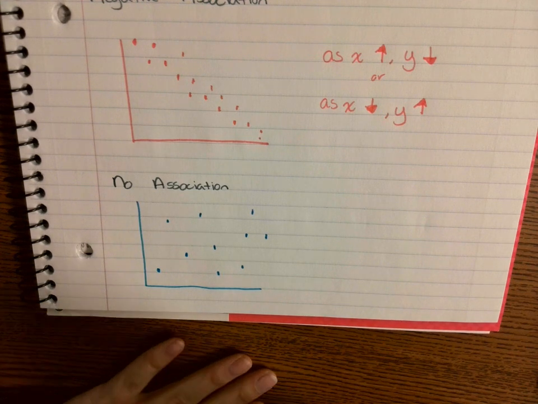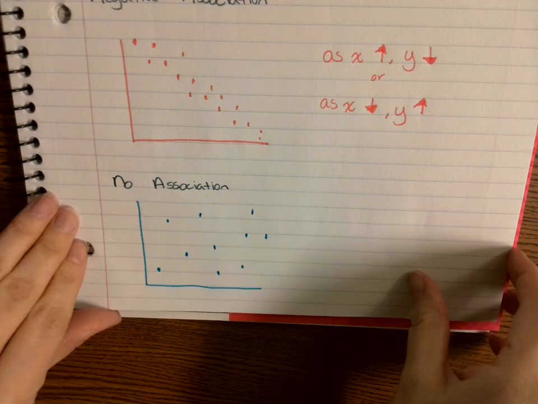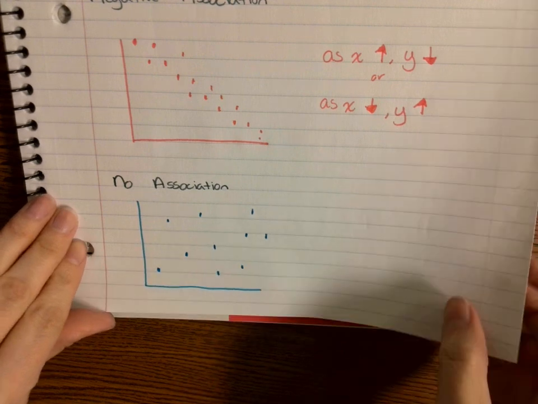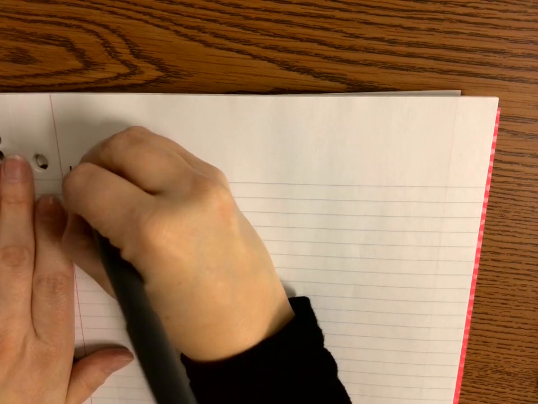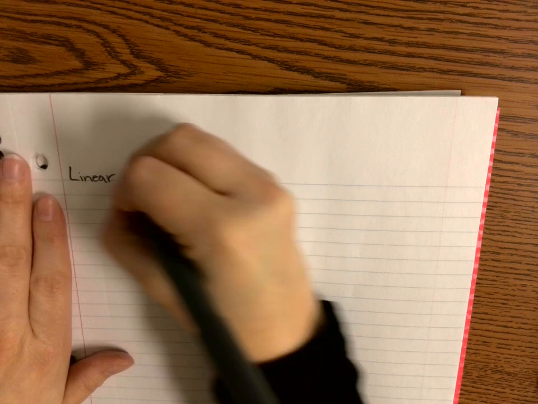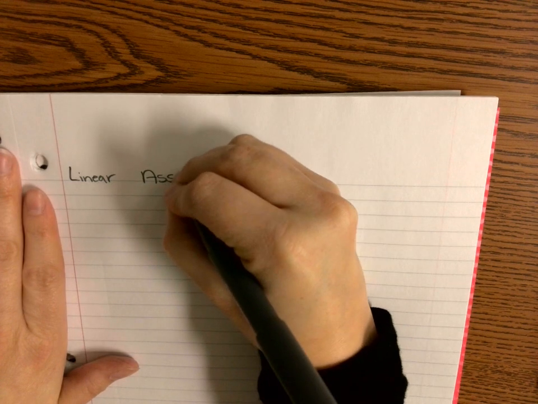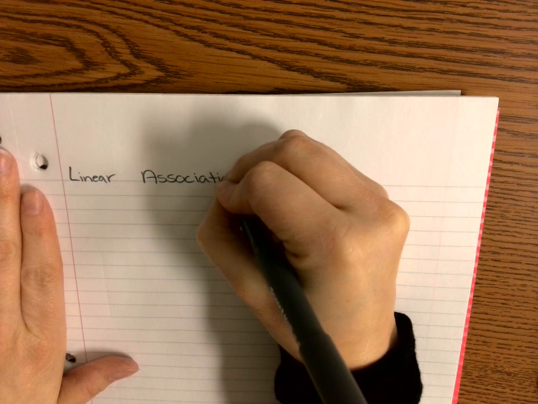Okay, so let's go ahead and take a look at a couple examples of that. All right, linear associations.